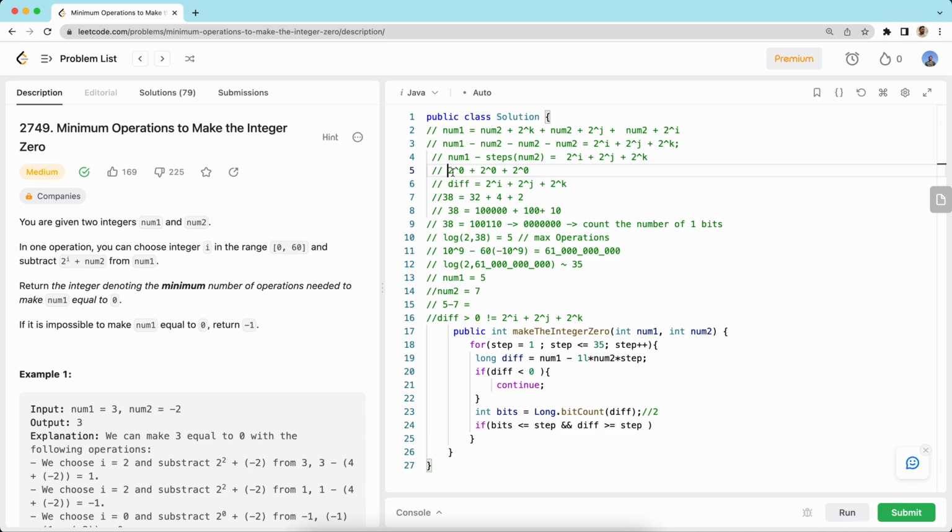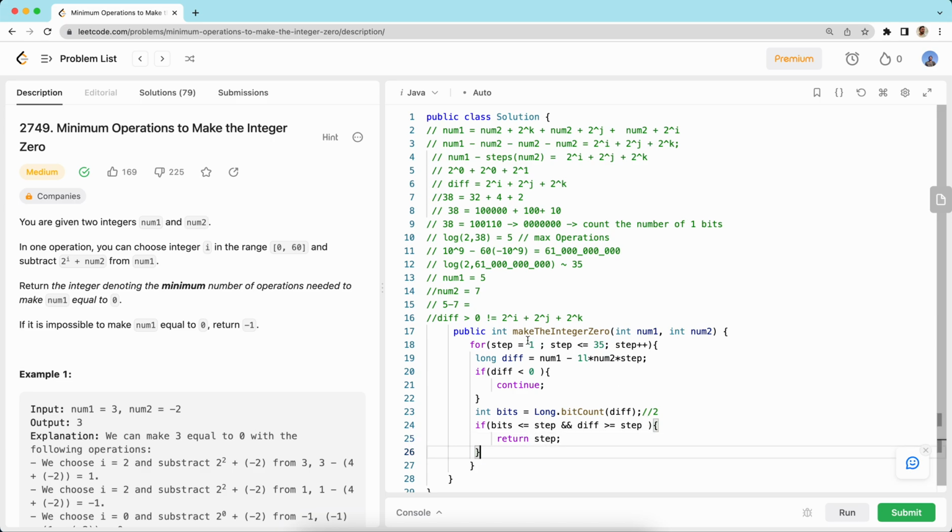That is the maximum that we can go when all the bits are 1 basically. So that will be equal to step, or we might do some optimization and figure out okay, 2 raised to power 2 can also be replaced by two 2's, or the other 1 and 1. So in that case this difference will be either more than or equal to the step.